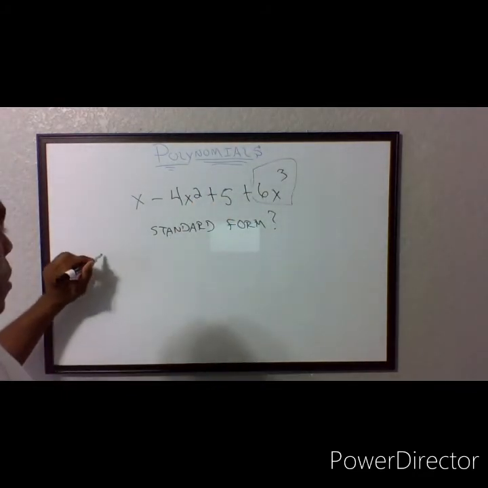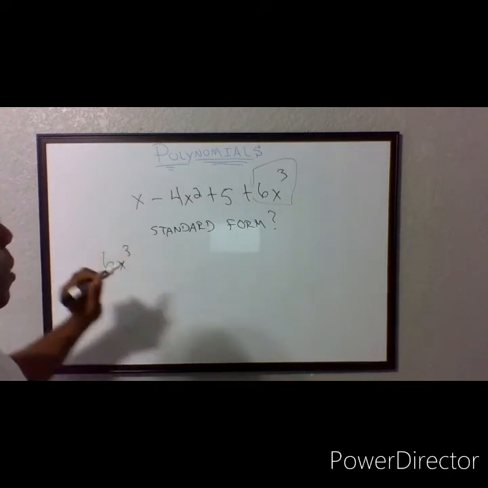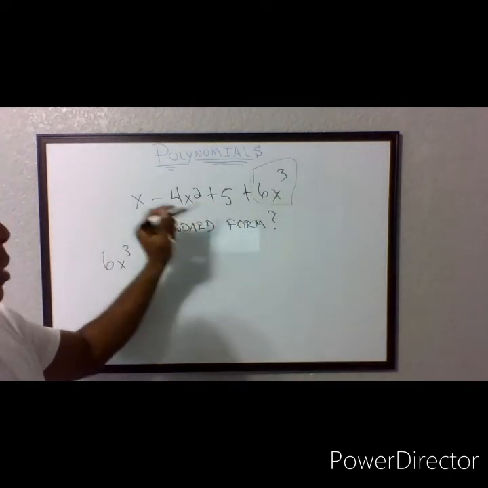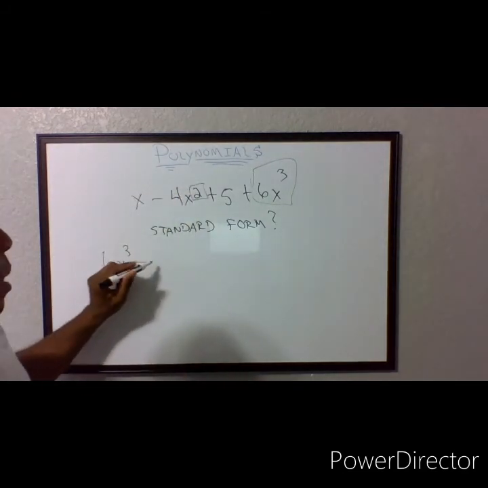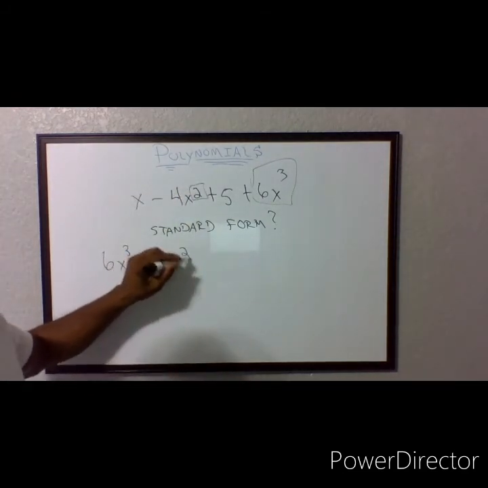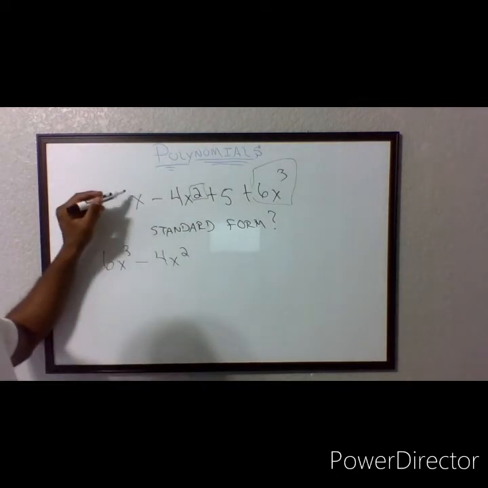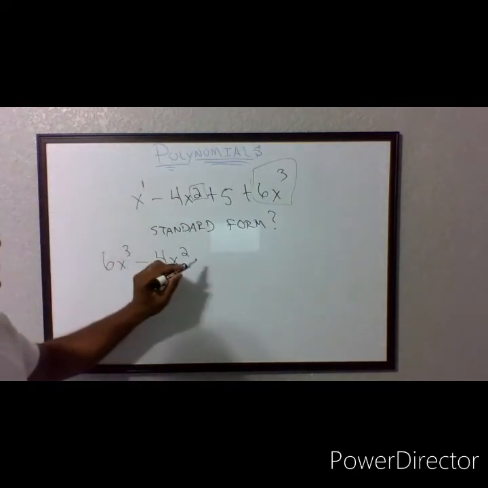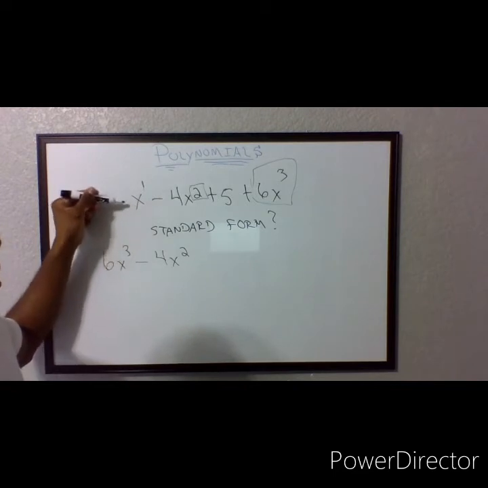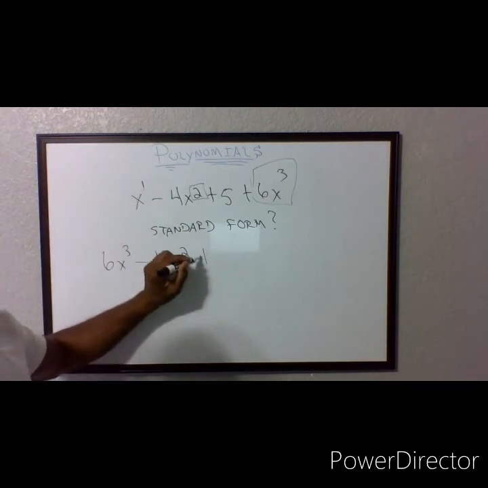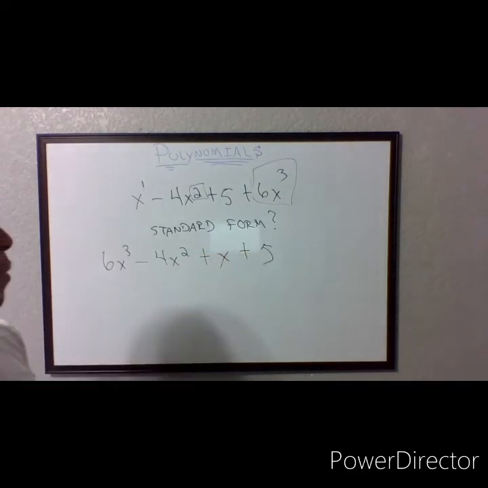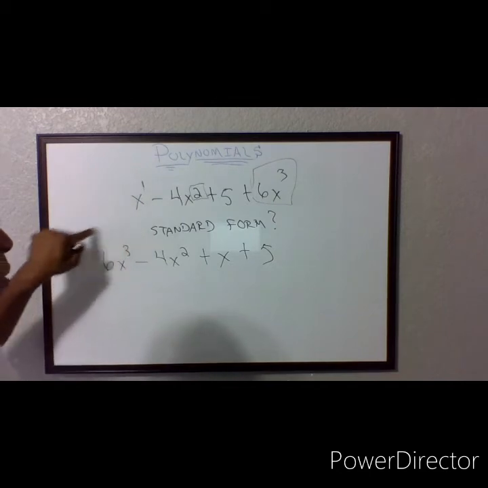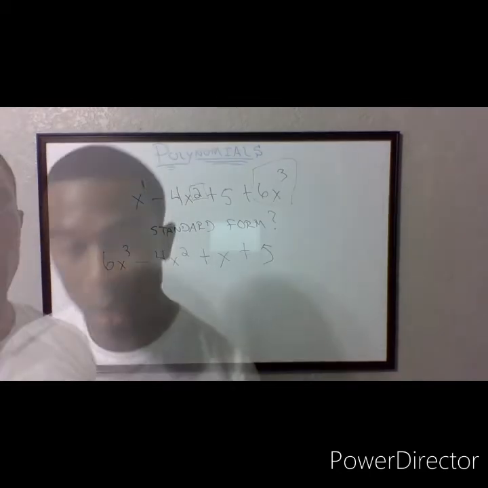Then our second highest degree will be the 2, so we have negative 4x squared. Then we have x by itself, which also means a degree of 1, and it's positive since there's no negative in front of it, so plus x, and then plus 5. So we would write this equation in standard form like this.